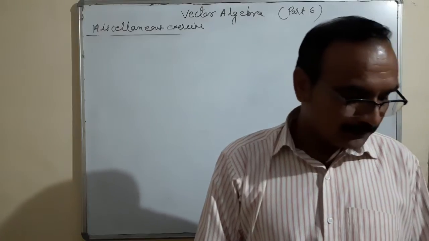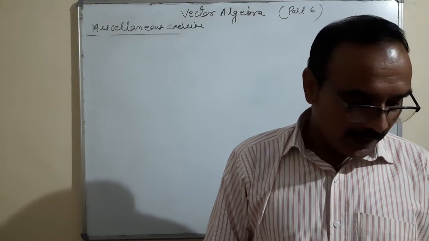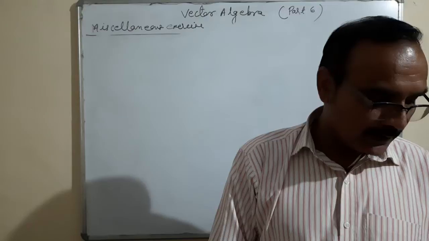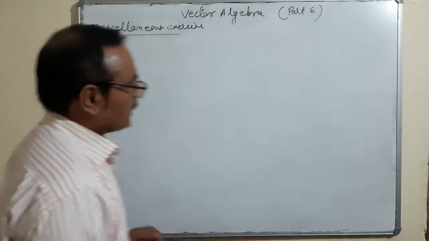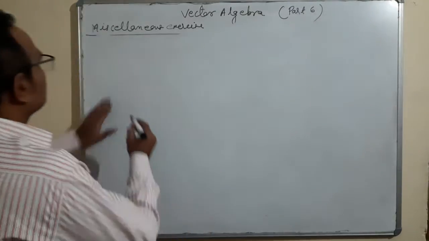Next, question number 7. Vectors A, B and C are given. Find a unit vector parallel to the vector 2a minus b plus 3c.